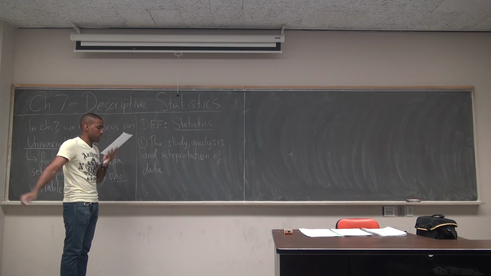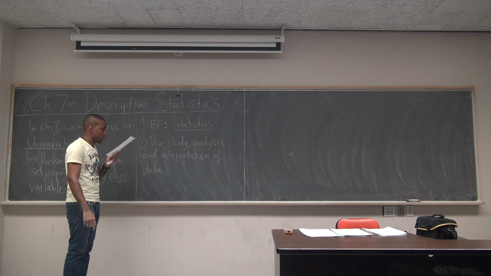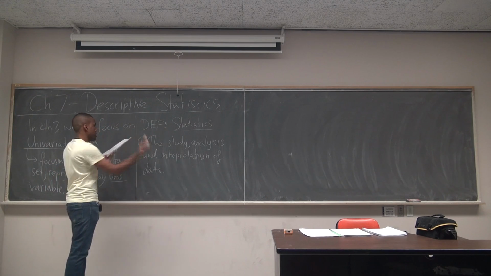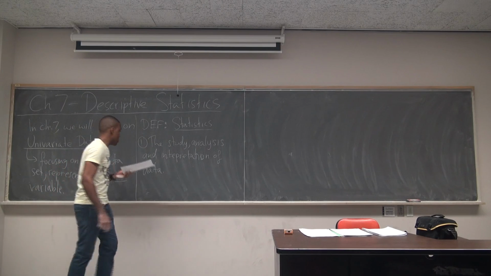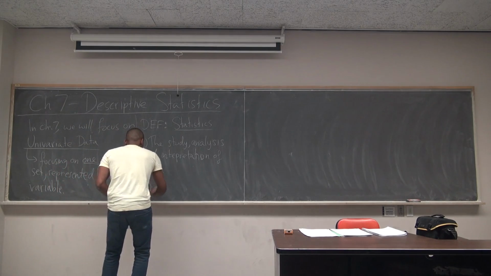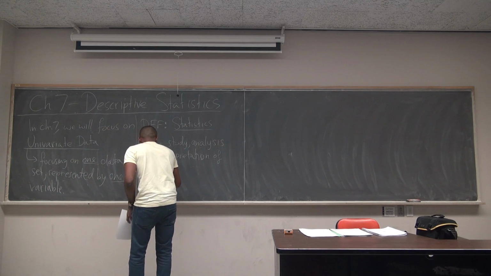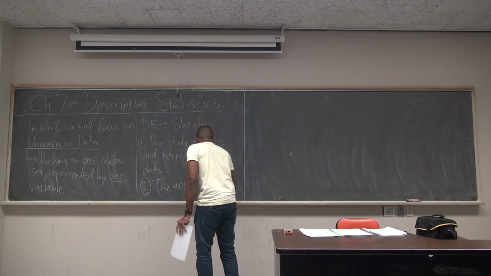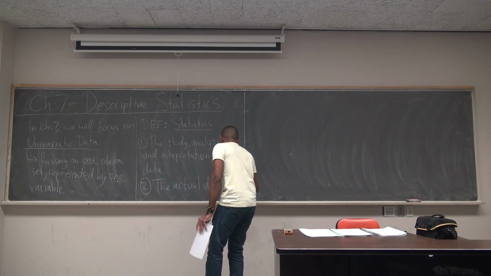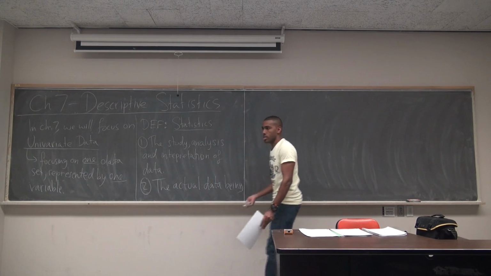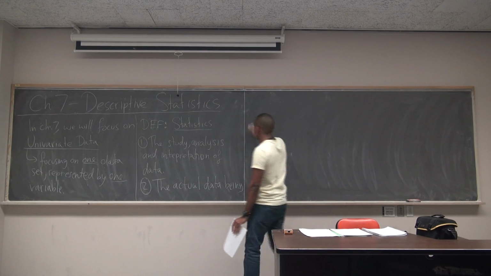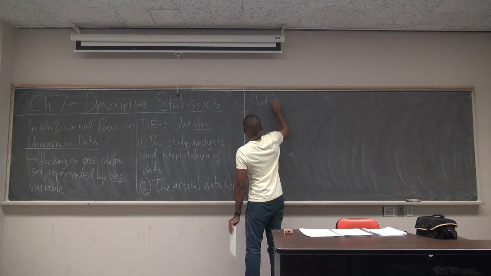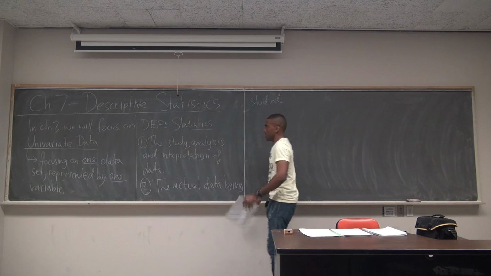I gave a more general definition here: the science of collecting, organizing, displaying, and analyzing data. Basically the same thing. Two can actually refer to the actual data being studied, like baseball statistics, where it's used as a noun. Those are two ideas for statistics.